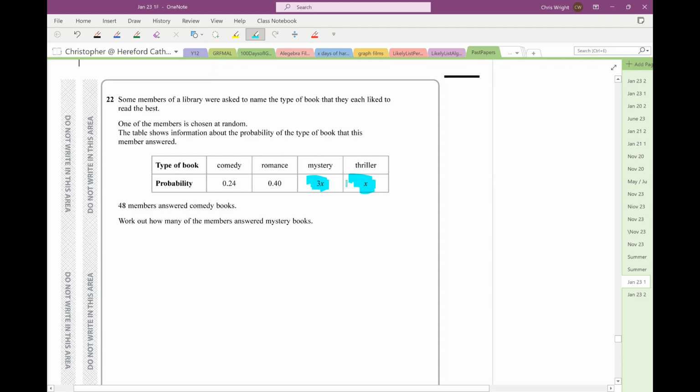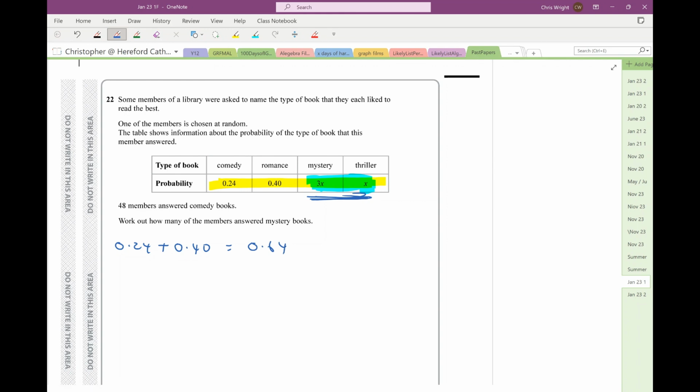But I do know that all of these have to add up to 1. So I could work out 0.24 plus 0.40, 0.64, and then I know that that lot has to be the rest. So if I do 1 minus 0.64, then I know that these two boxes here must add up to 0.36.